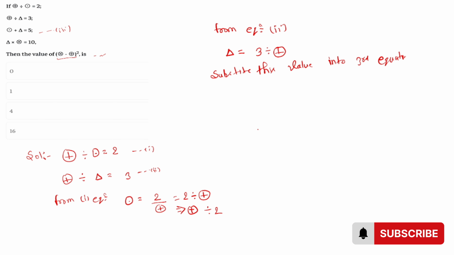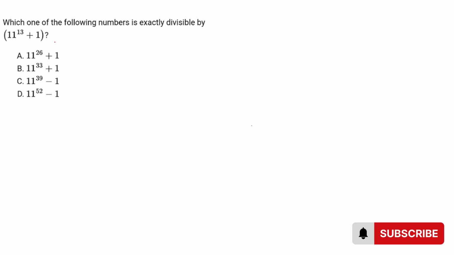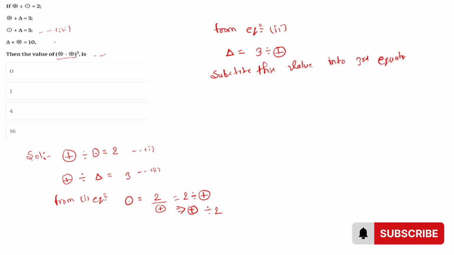So dot is find at dot operator, means x naught, we can say in digital electronics x naught, and these are the XOR. So in the place of x naught we find that x naught equal to 2 divided by plus operator, XOR. So we can write 5, these are equation third.